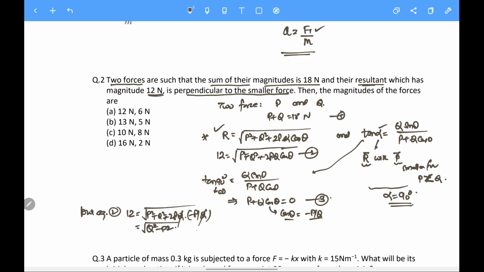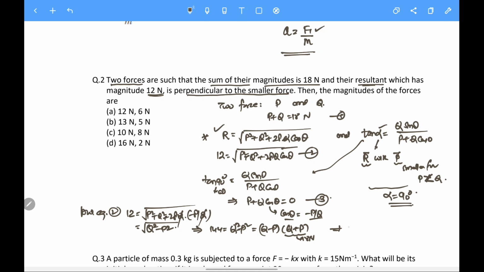This implies that 144 equal to Q square minus P square on squaring both sides, and using the identity, this can be written as Q minus P into Q plus P, and Q plus P is given 18 Newton.